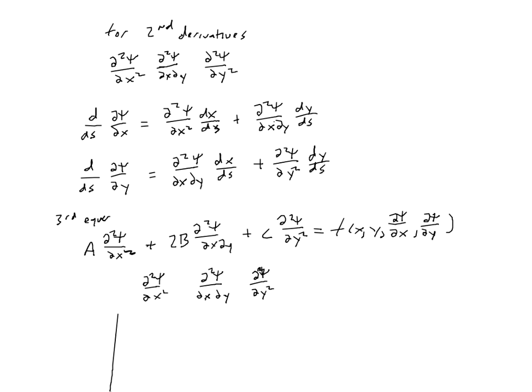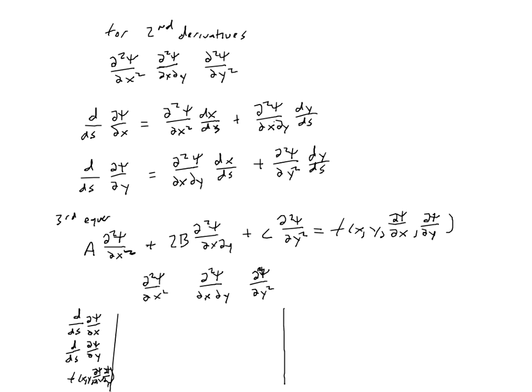So this first line is going to be ds partial psi with respect to x. The second one is going to be ds partial psi with respect to y. And the last one is basically going to be f of all this stuff.